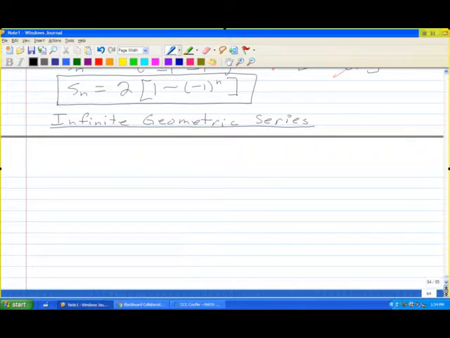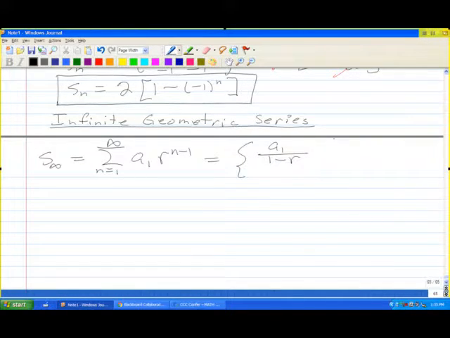And so if I just add up all of these, then the sum will be a1 over 1 minus r. This is if r is small. Otherwise, if the absolute value of r is bigger than 1, we say that it diverges, that it gives us a strange answer.